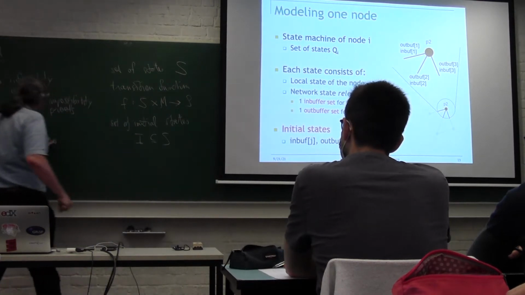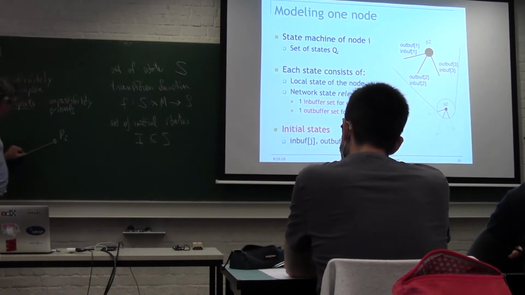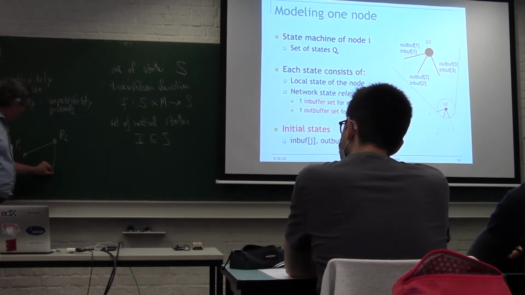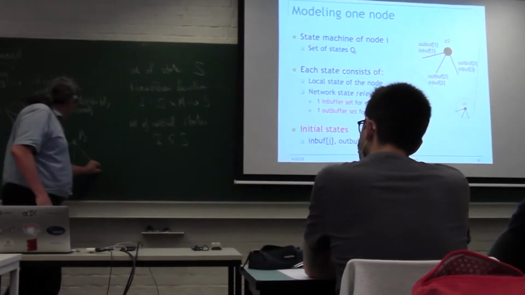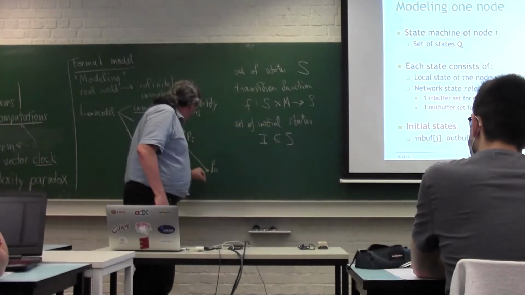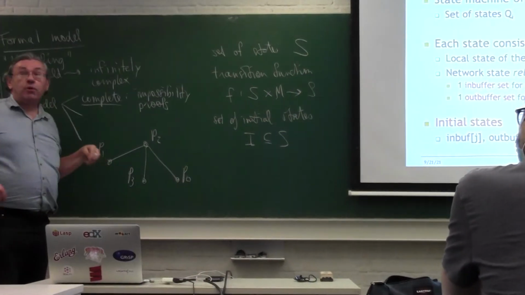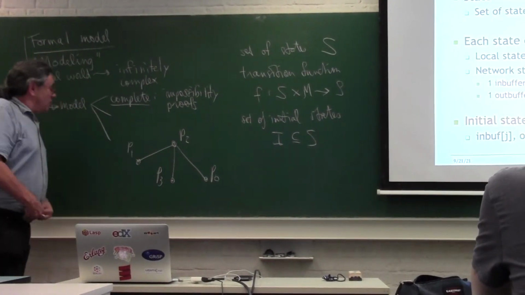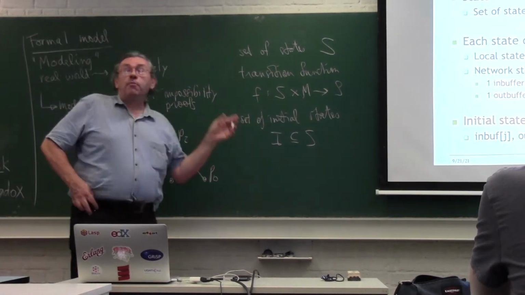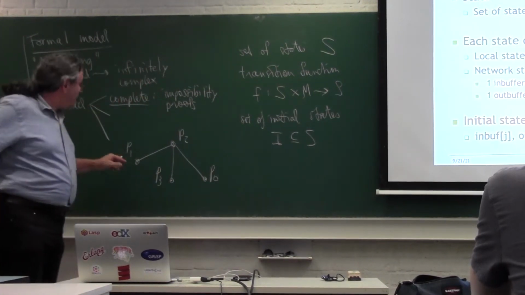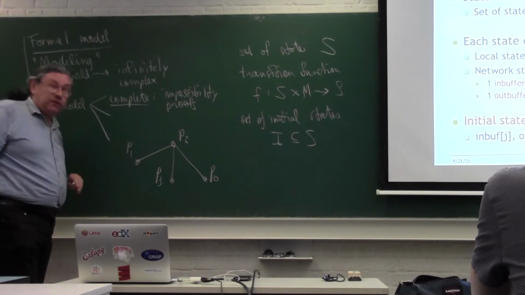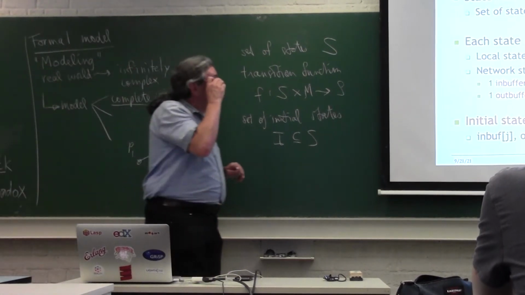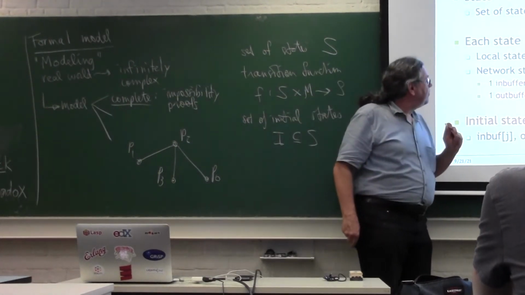Here we have P2, maybe it's connected to P1, P3, and P0. These are the neighbors. So we're assuming that there's some graph connecting the nodes. We're not going to worry about routing at this stage. We're going to assume that the node can only talk to its neighbors, to keep things simple.